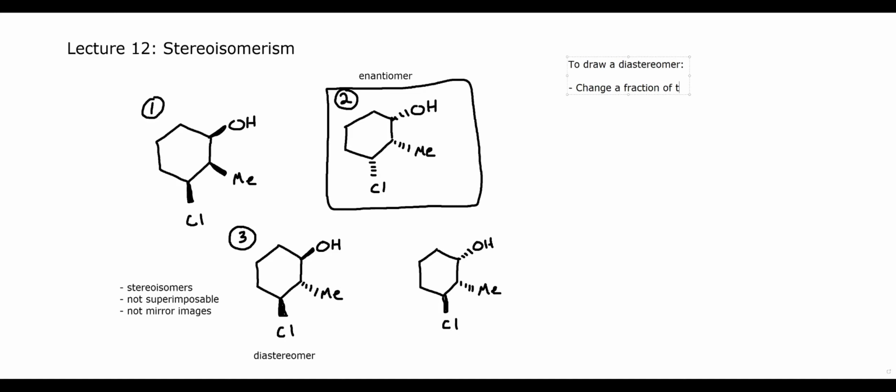Change a fraction of the stereocenters from wedge to hash or hash to wedge, but not all of them. If we change all of them, then we've simply drawn the enantiomer. So to draw a diastereomer, you simply change a fraction of the stereocenters from wedge to hash or hash to wedge.